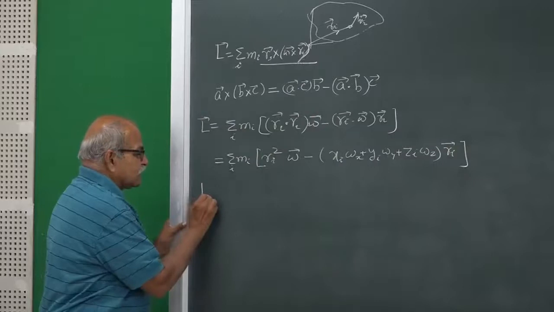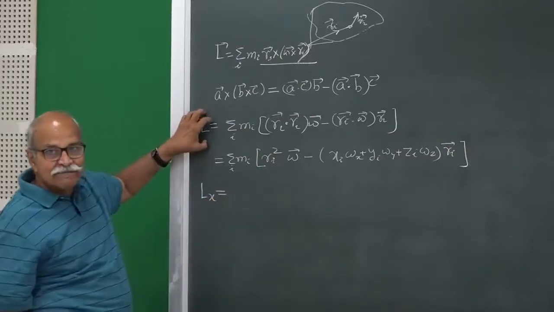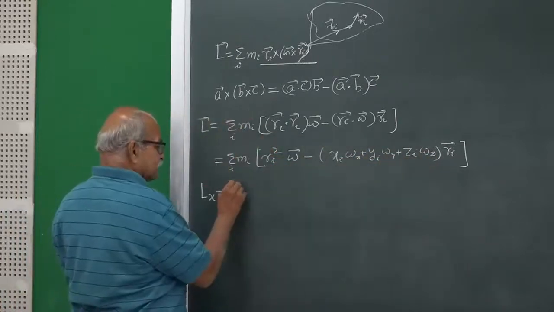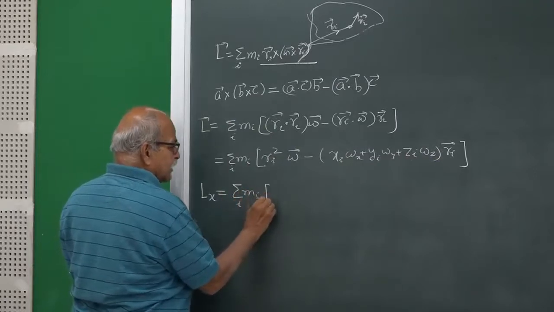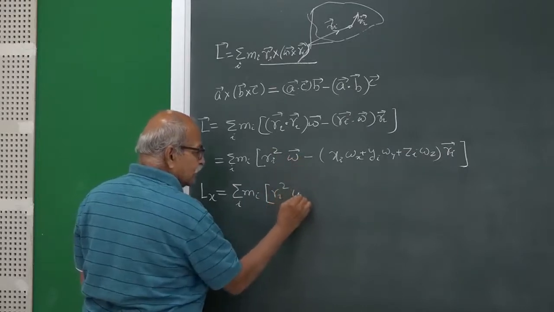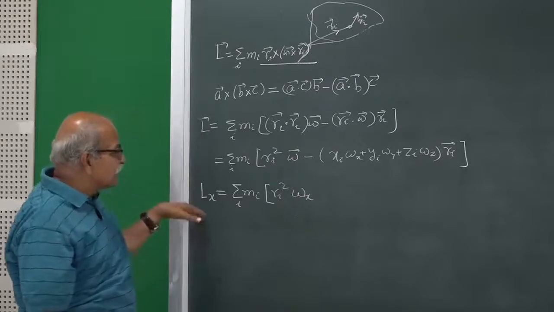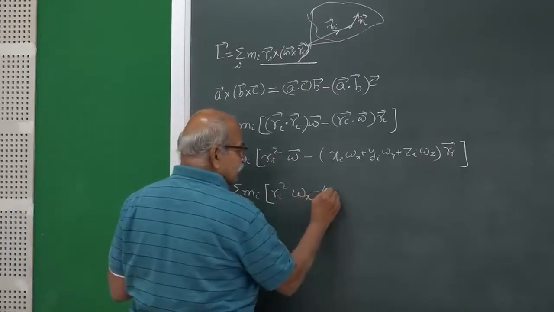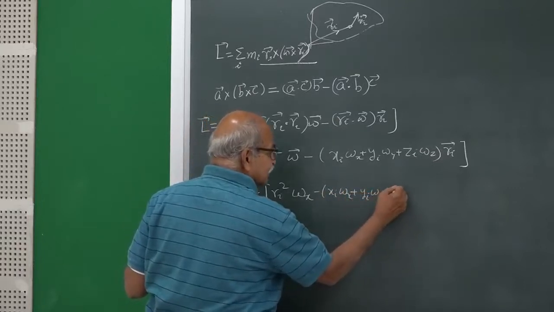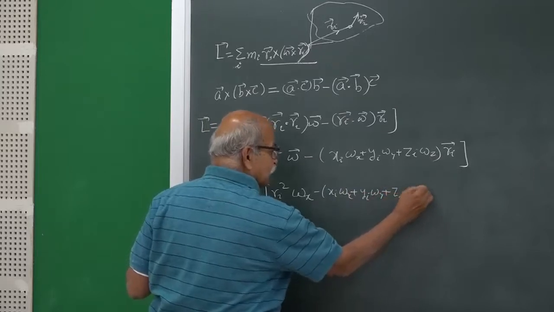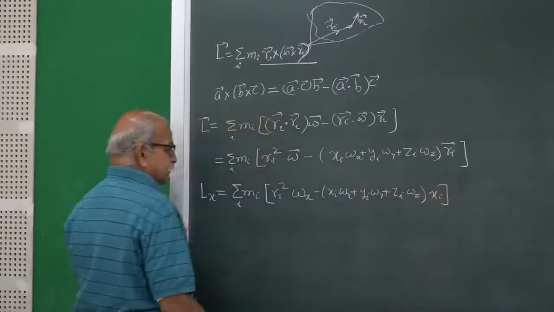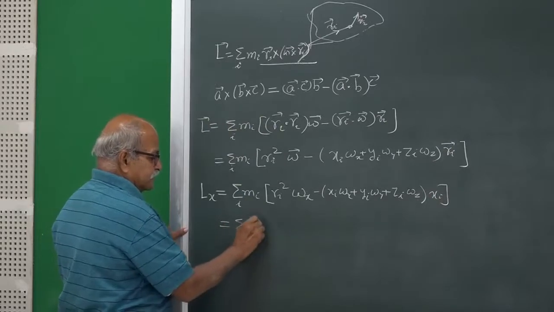Let us see what is L_x, the x component of this angular momentum vector. Here is a vector and here is a vector, and I am taking the x component: summation over i of m_i r_i square times omega_x. I am only taking the x component. The terms x_i omega_x, y_i omega_y are all scalar quantities, they are not going to change; the component only comes from the r_i vector, so that is x_i.